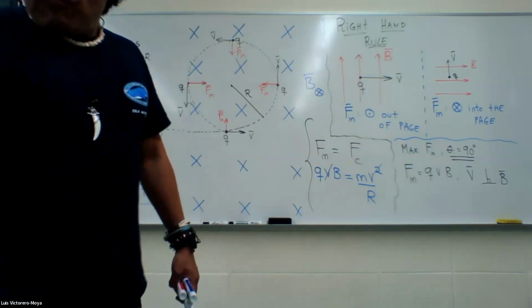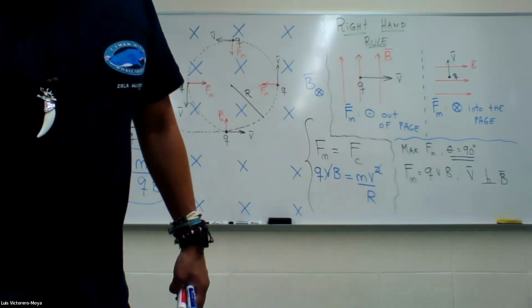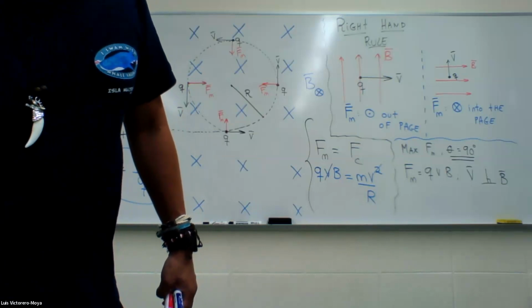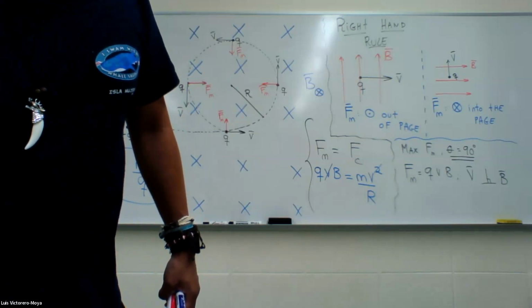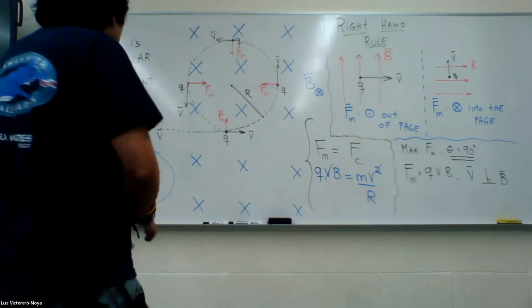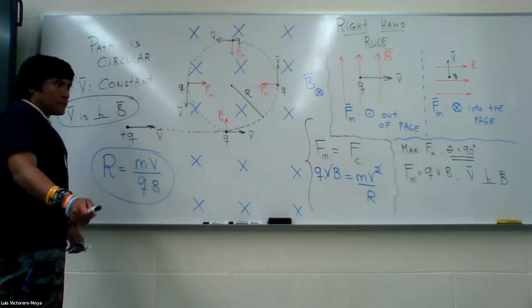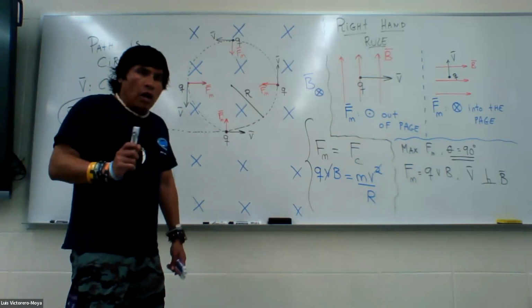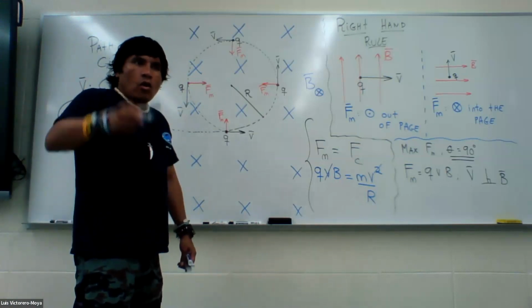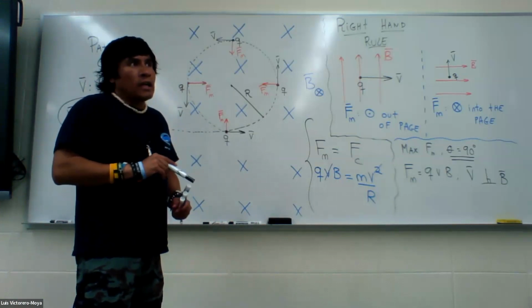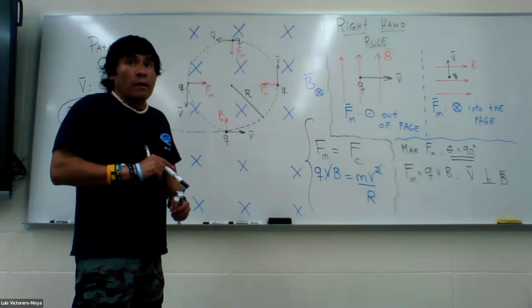As I mentioned before, the speed is constant. So if the speed is constant, there is a period. How do you find the period of a particle or a mass moving in a circular motion?